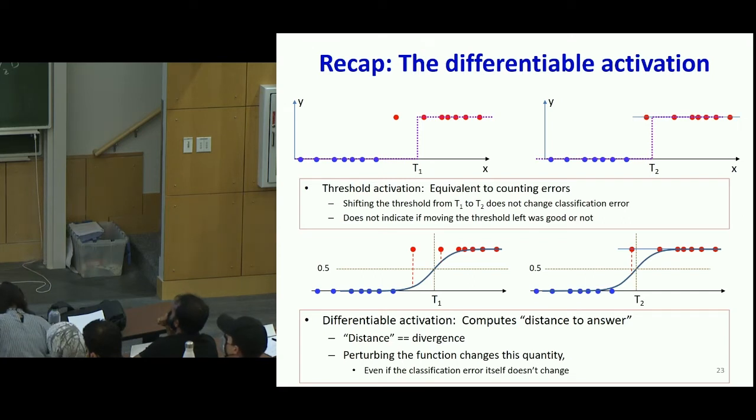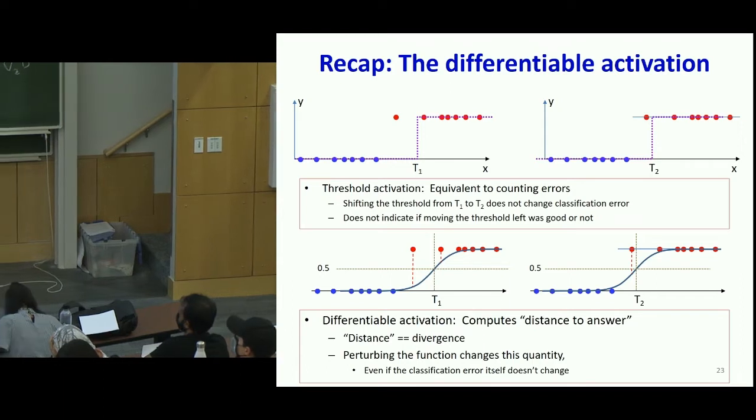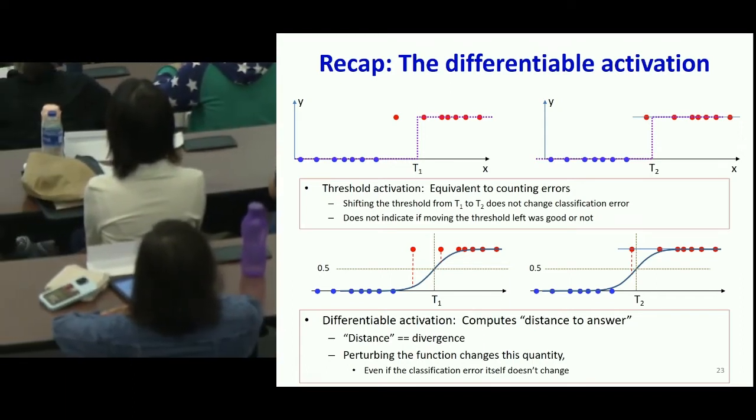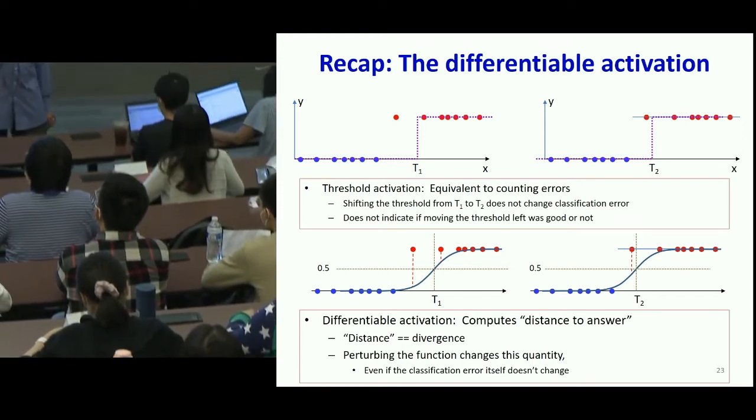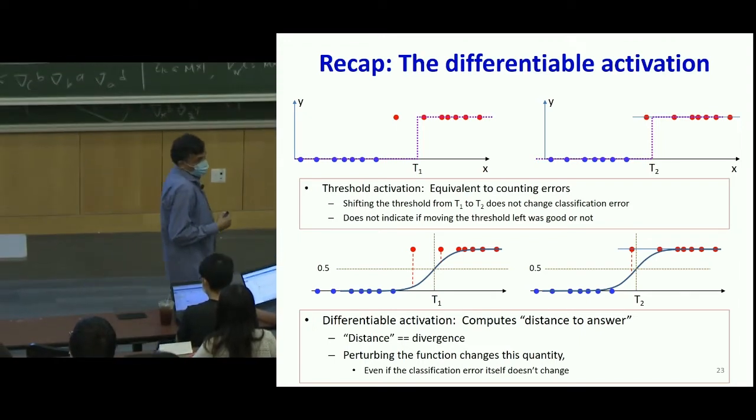It didn't affect the error count, which is why we chose not to use threshold functions. Instead, we said, let's use a smoother version of it. And now instead of just counting the errors, we can find the total distance between the actual output and our function output. And we can use this as a proxy for the error count and try to minimize this instead. Will minimizing this always minimize this guy?